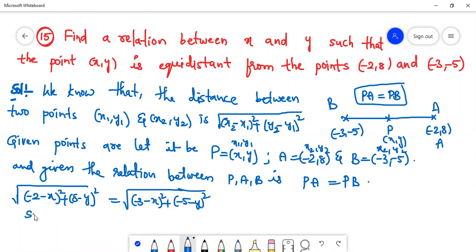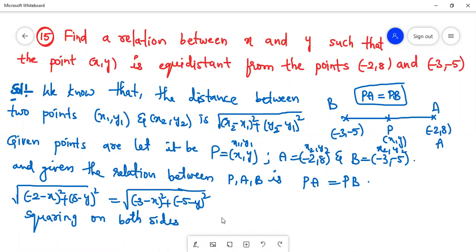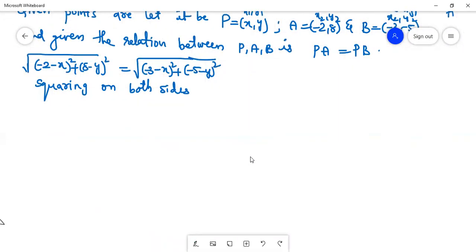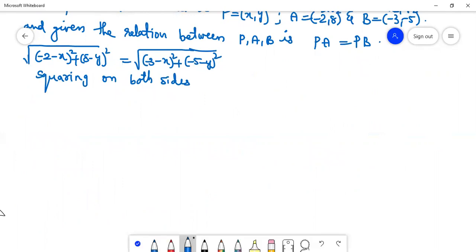Next, squaring on both sides. Both sides square root will get cancelled, root and square. Then it is (-2 minus x) whole square plus (8 minus y) whole square is equal to (-3 minus x) whole square plus (-5 minus y) whole square.